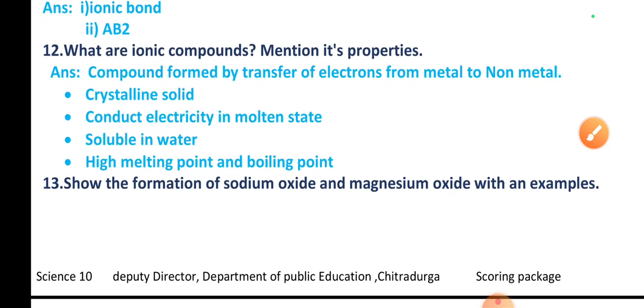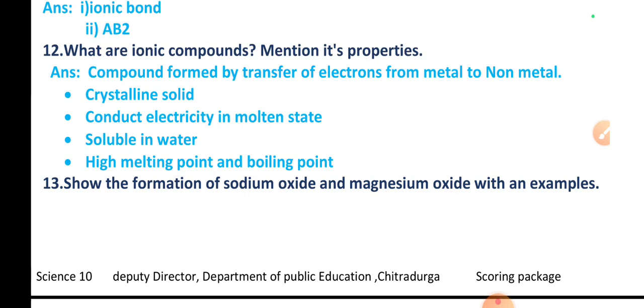What are ionic compounds? Mention their properties. A compound formed by a transfer of electrons from metals to non-metals is called an ionic compound. Ionic compounds are crystalline solids. We have already seen the salt in our kitchen; touch that salt, and in nature it is a crystalline solid.